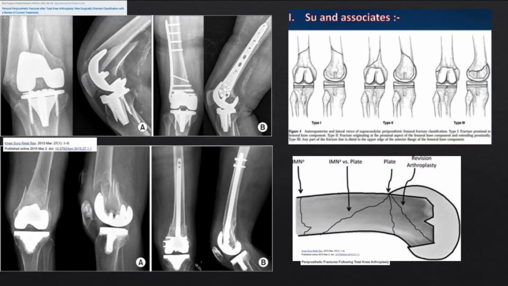I found the classification by Su et al. a more practical approach to use, and you can see the picture on the bottom right, which is a very useful guide to go by.